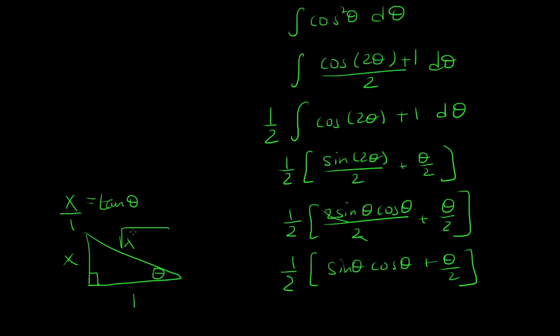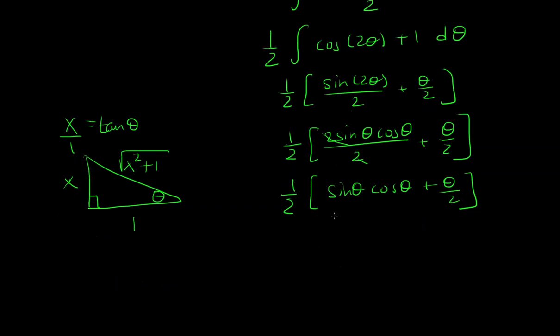Pythagorean theorem says the hypotenuse is the square root of x squared plus 1. So sine theta is opposite over hypotenuse. That's x over the square root of x squared plus 1. And then cosine theta, that's adjacent over hypotenuse. And to solve for theta, if x equals tangent theta, that means inverse tangent x is equal to theta.